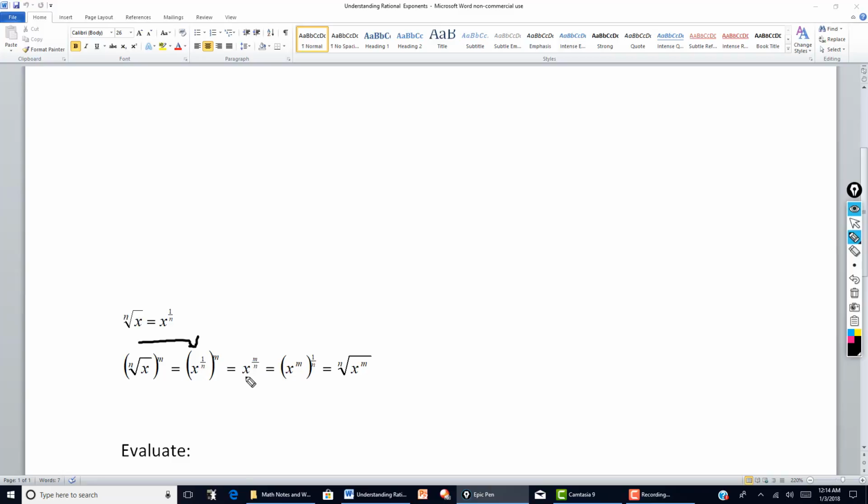Now this can also be written as x to the m taken to the 1 over n power, because if I multiply the exponents, I get the same thing. In this case, 1 over n means the nth root of x to the m. So I can write this as the nth root of x to the m.